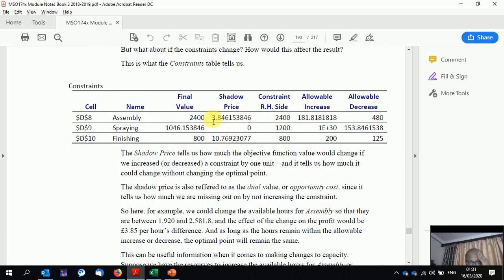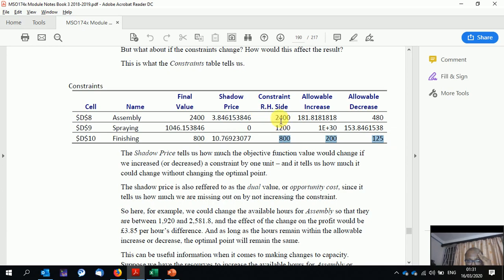This is the extra profit per hour you would make if one extra hour in assembly is given to you. This is the profit per extra hour you would make if that extra hour is given to you in finishing. You will get questions on these two, and on these values here.